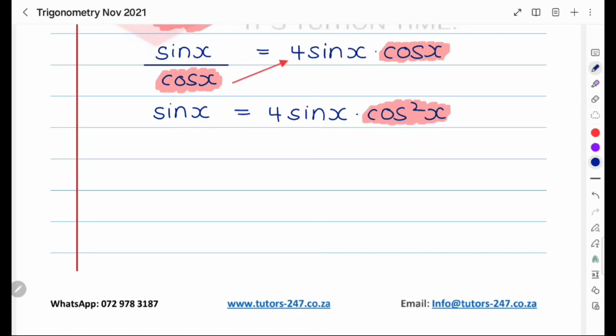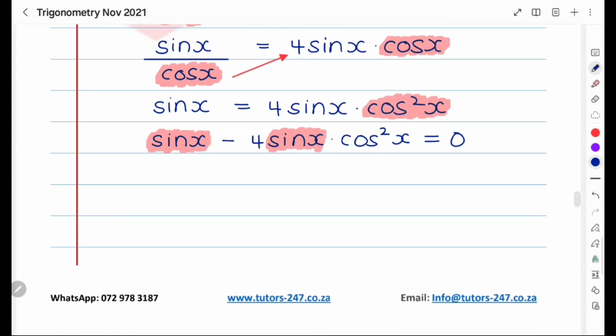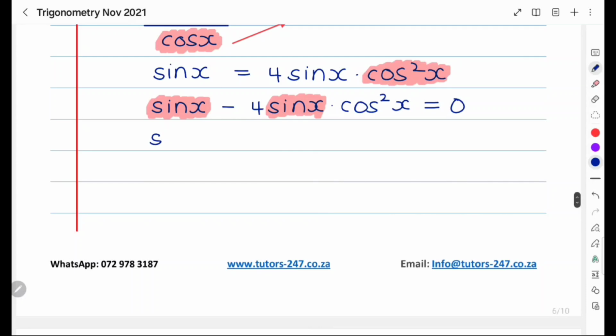From here, we are going to move everything to the left. Then you should notice we have a common factor of sine x. So that is then going to give us sine x into 1 minus 4 cos squared x equals 0.